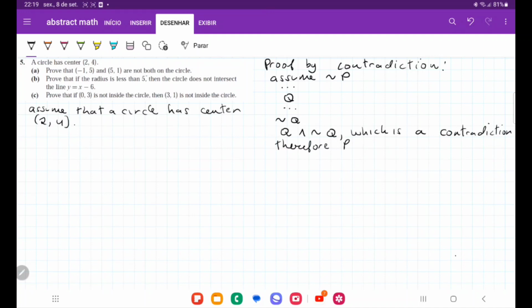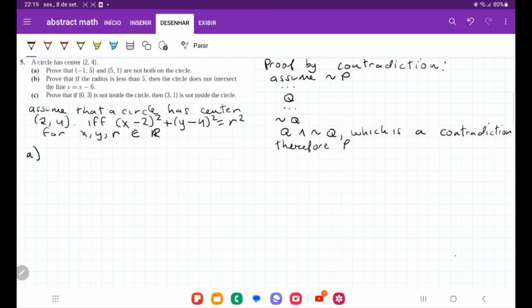And it has center (2, 4) if and only if the equation for the circle is (x minus 2) squared plus (y minus 4) squared is equal to r squared, for x, y, and r, I should do actually little r, belonging to the set of real numbers. So that's what we're going to assume for all of these.